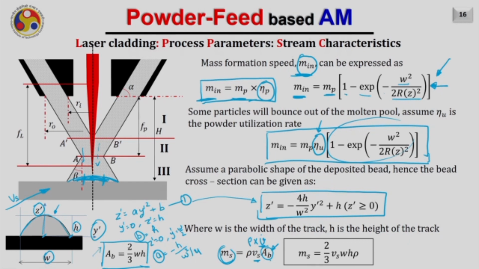It will come as AB equals 2 by 3 WH. So now I can see the deposited mass is coming to be MS equals 2 by 3 Vs WH rho.